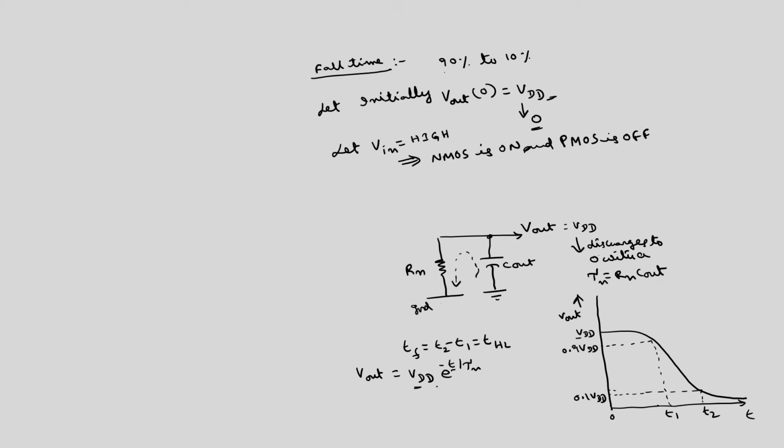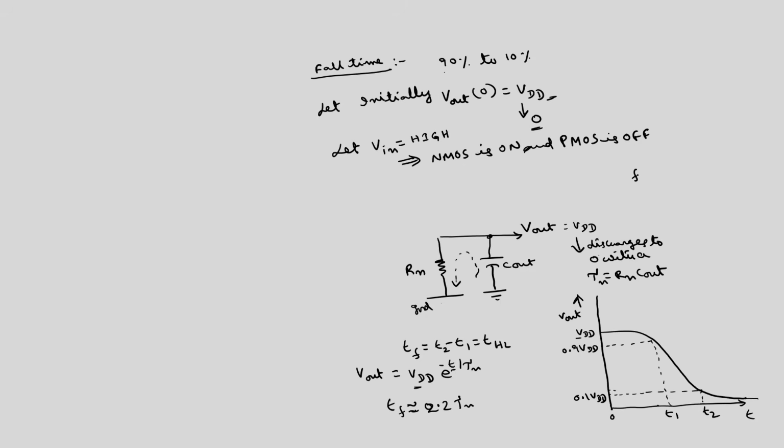At t equal to infinity, it reaches 0. We can derive in a similar manner, and the tF expression will also be approximately 2.2 tau n. Both expressions are the same, the only difference is in the time constant. So the time constants of rise time and fall time will be different.